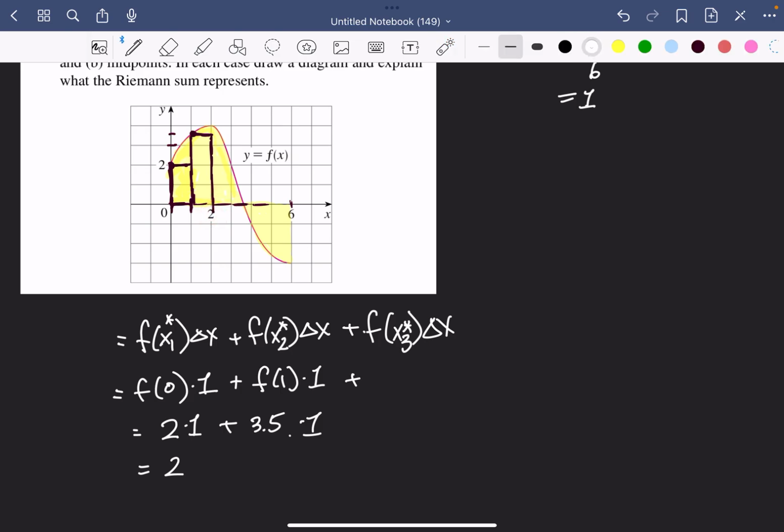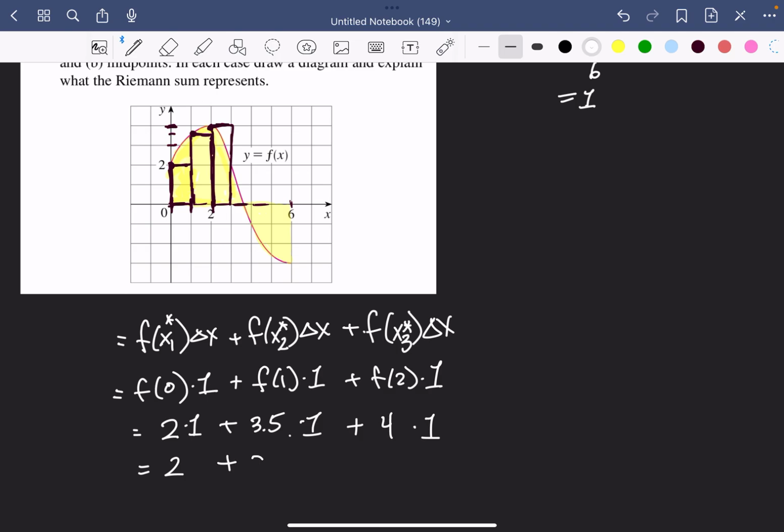So I'm going to take f at 2 times the width, and the width of each rectangle is 1. So it's 1 times, well, when I plug in 2, it seems like I get out a height of 4. That looks like a height of 4 up there. So that's going to be the height of my rectangle on that interval. It's going to be 4.